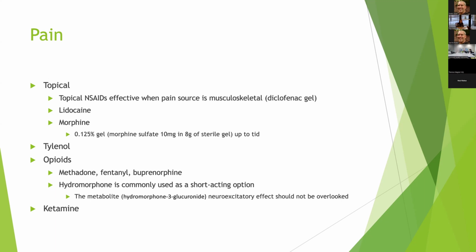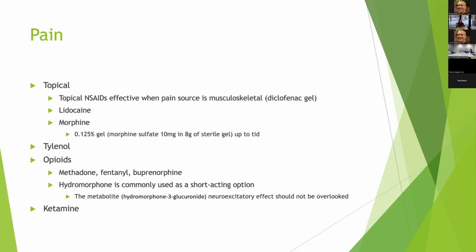Of course, Tylenol is safe and beneficial in kidney disease, and opioids really are safest options for those who aren't opioid naive and maybe with the methadone at a low dose. Methadone, fentanyl, and buprenorphine have been shown to be the safest.